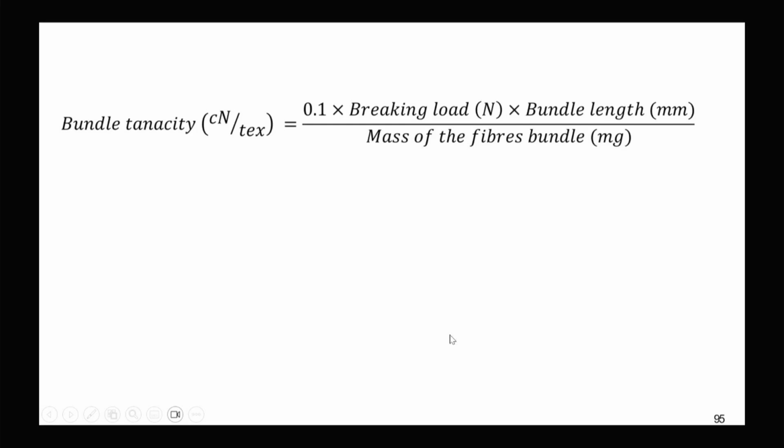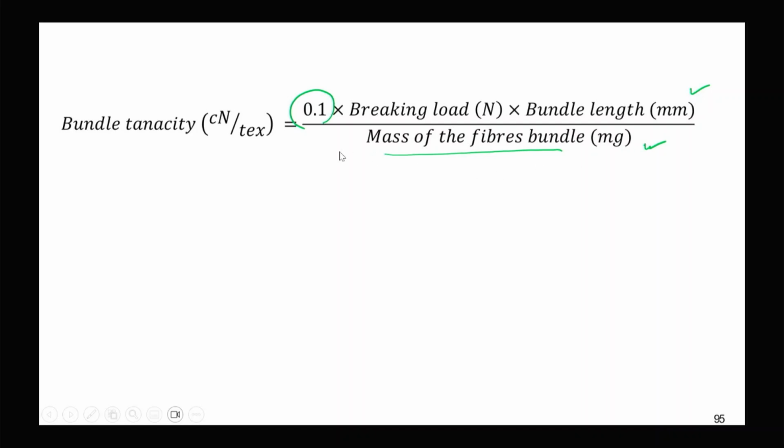So bundle tenacity in this instrument is given by, this constant 0.1 comes from the unit conversion only. So breaking load in Newton, bundle length in millimeter, and mass of the fiber bundle in milligram.